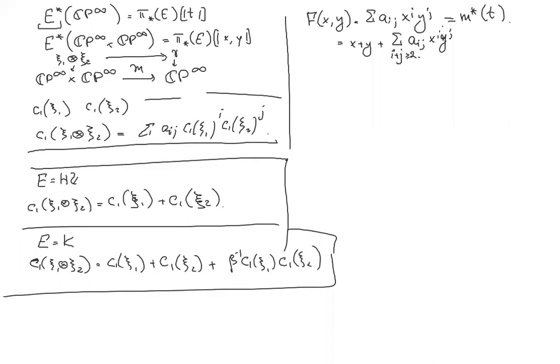What else? This thing should also be associative, because m is... I should claim first of all, the obvious one, that it should be symmetric. So f of x, y is equal to f of y, x, because the tensor product is symmetric.